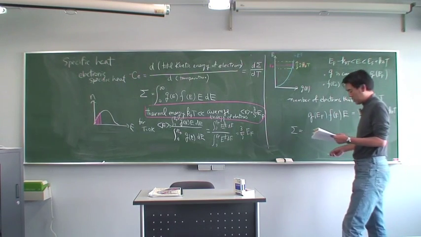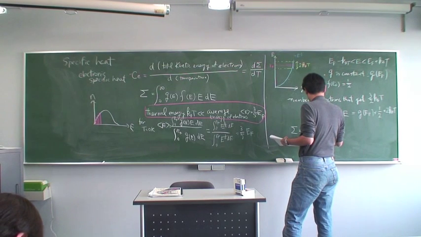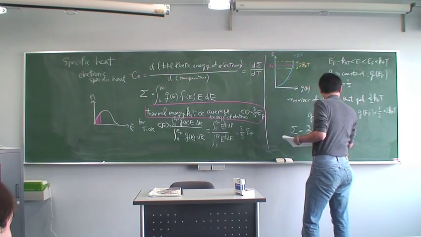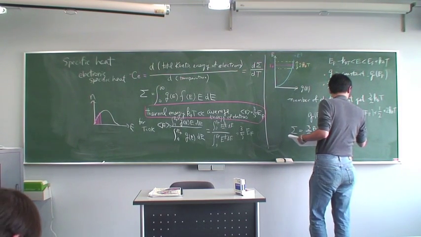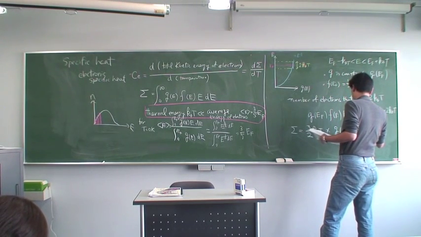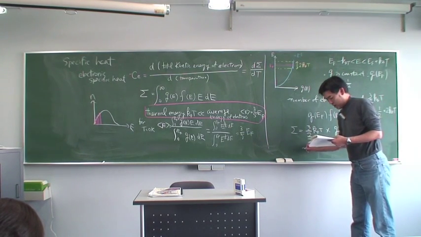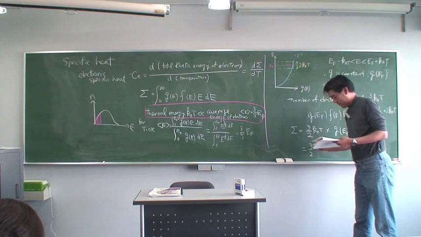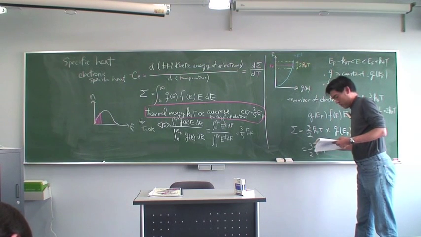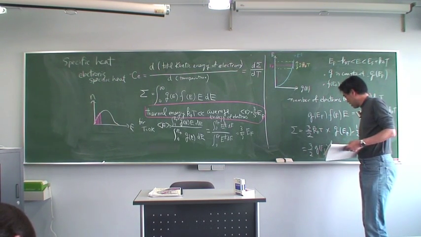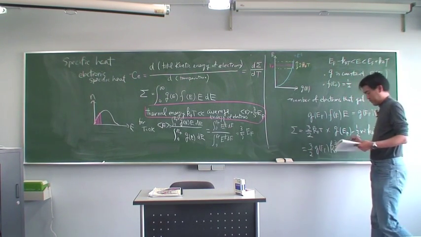So after all, we get 2/3 kBT times G EF times 1/2 times 2. And this is now 3/2 G EF kB square T square.